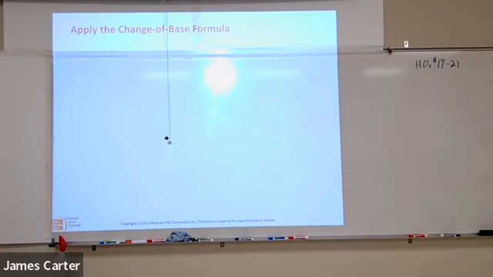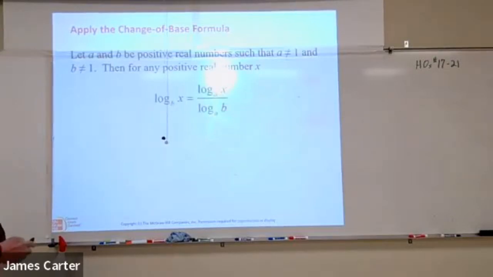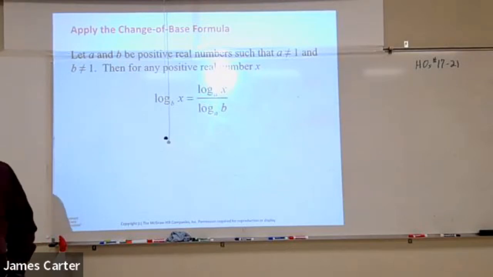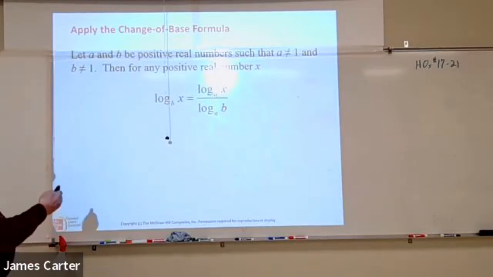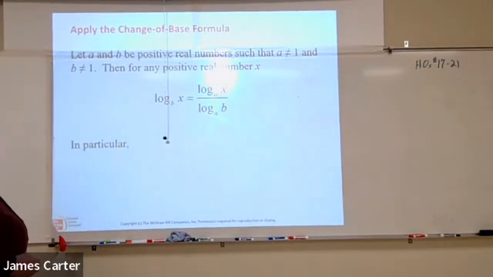Okay, the change of base formula. They put in some disclaimers here so you don't get zeros in the denominator and that kind of stuff. Or a negative here, because you can't ever have a negative for the argument. Now, you see this, either one of these can be the answer to that.